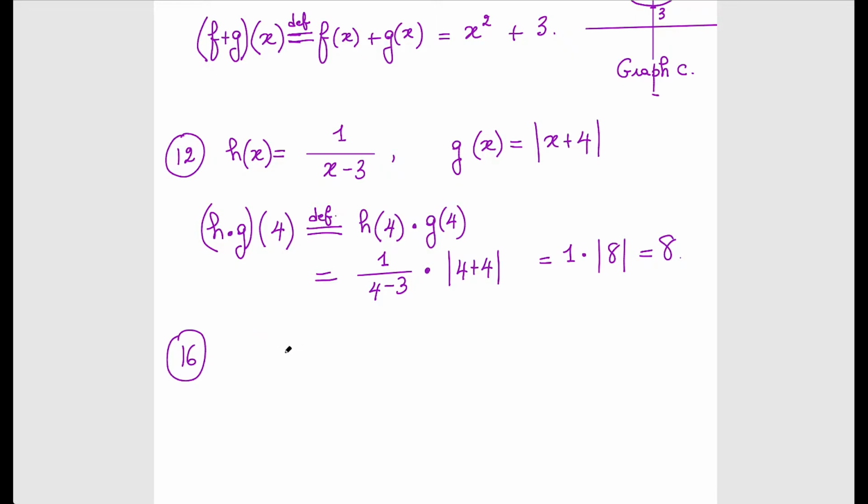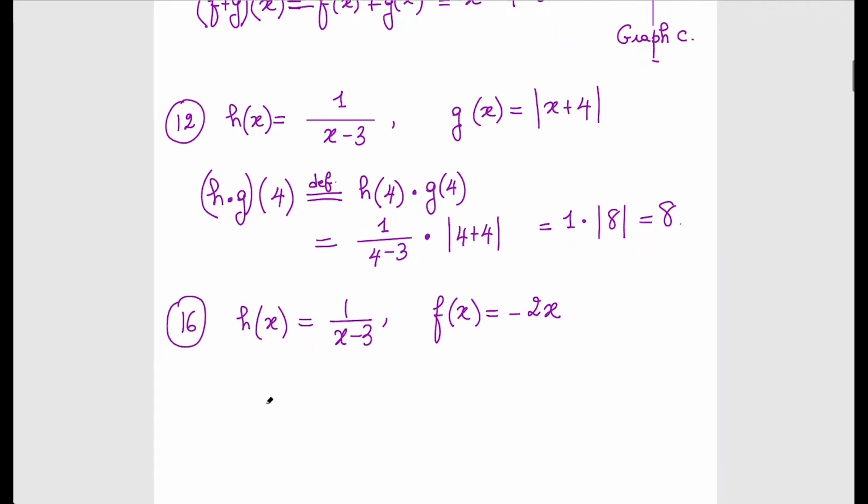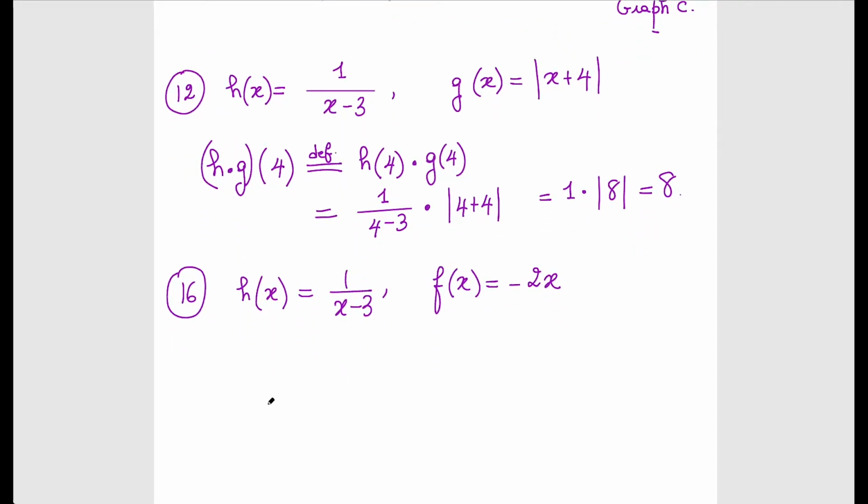Let me write what h and f are. So h of x is 1 over x minus 3, and f of x is equal to negative 2x, and what we want to find is h divided by f, this quotient function, evaluated at 7.